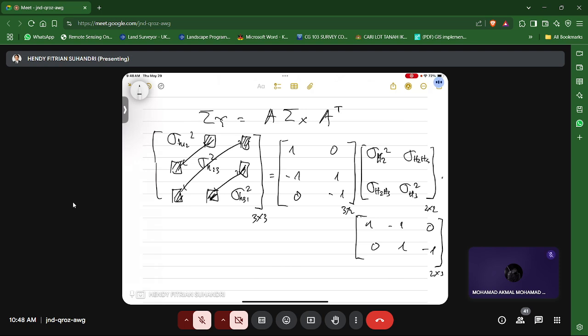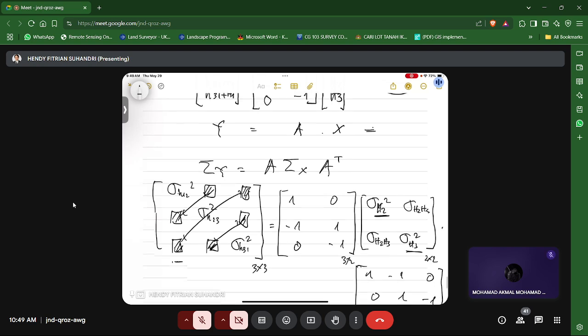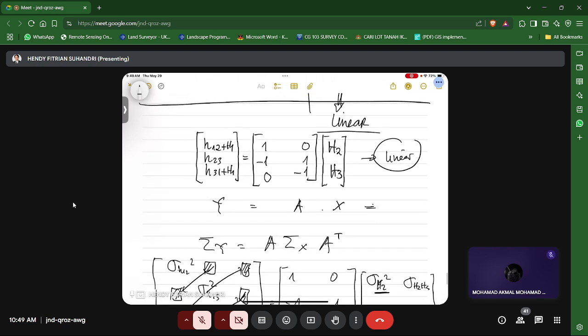But later, actually, this is not what you wanted in the leveling. Instead, you want to know the covariance of H1, H2, and H3. But this is just an example of how we build our law of error propagation.